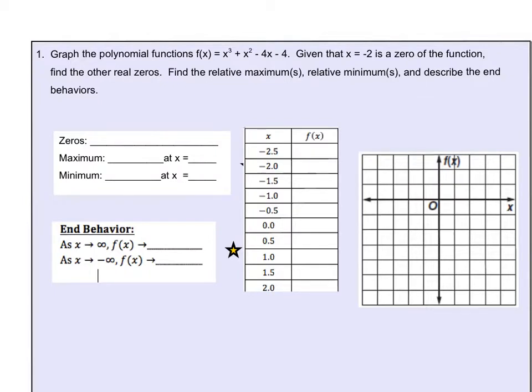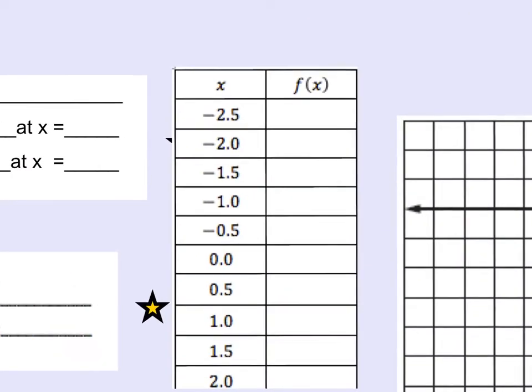So x raised to the third plus x squared minus 4x minus 4. Once I do that, I'm going to fill out my table first.